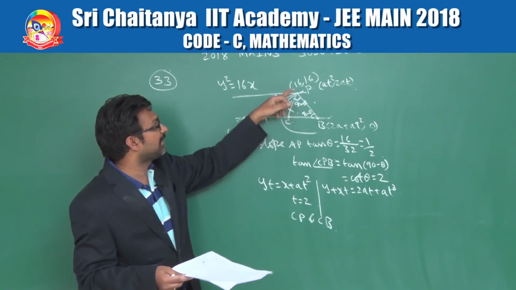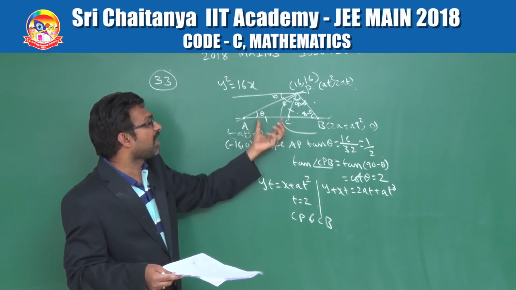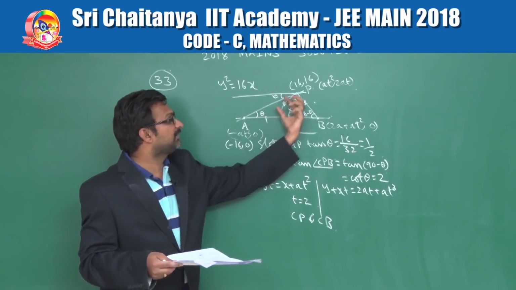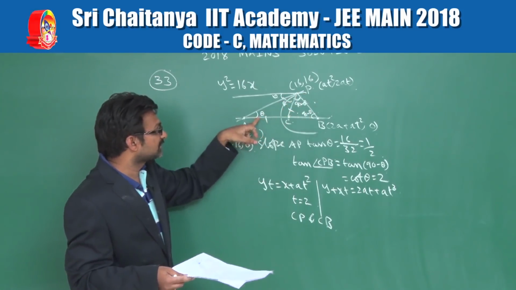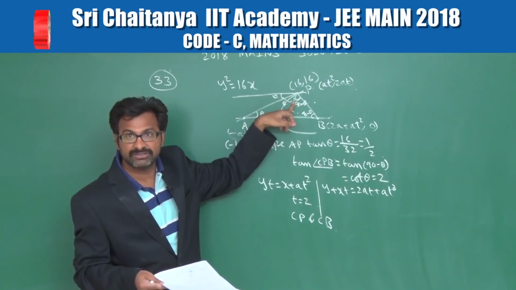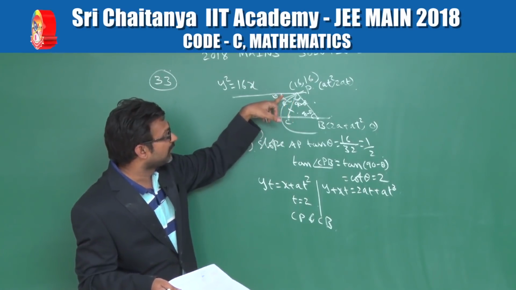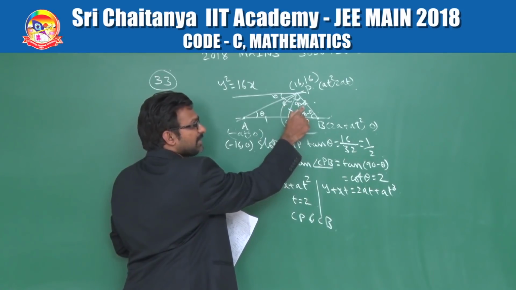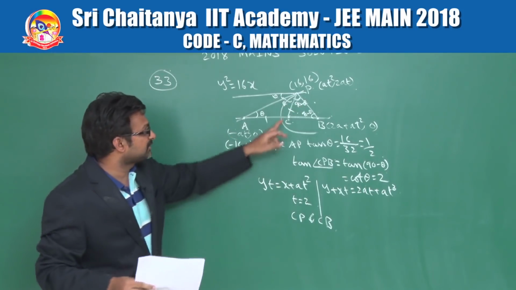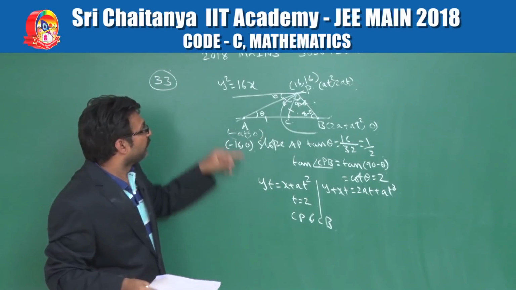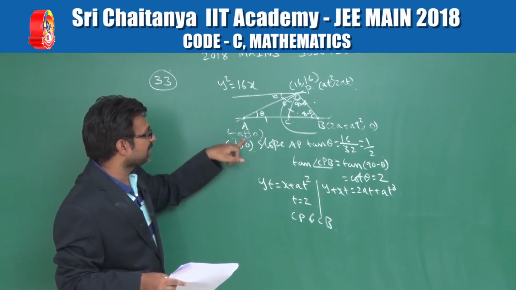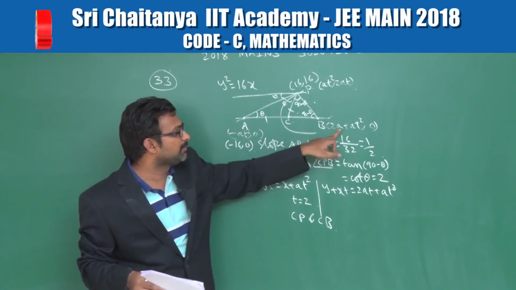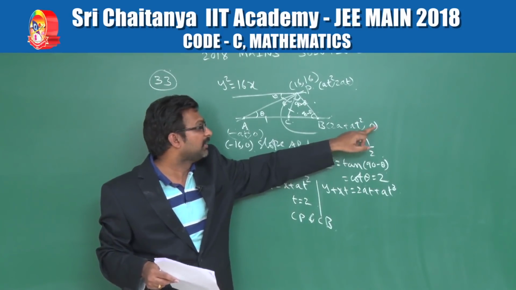Hence let us draw a line parallel to the x axis, or axis of the parabola. This length and this length are always equal. So this angle is theta, and this angle is also theta, and this angle is also theta. Now out of 90, theta has gone here. So this is 90 minus theta. The point A is (minus at square, 0), and the point B is (2a plus at square, 0).